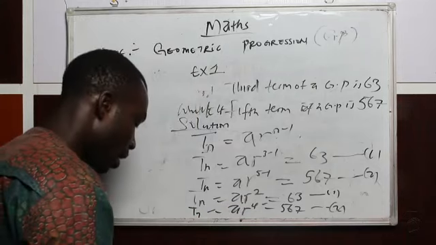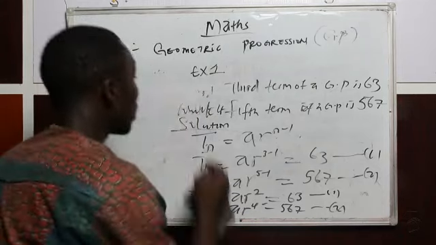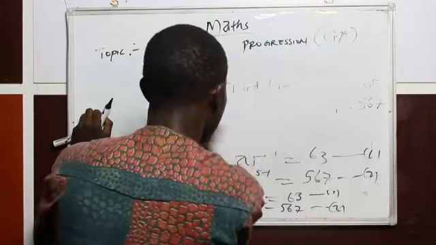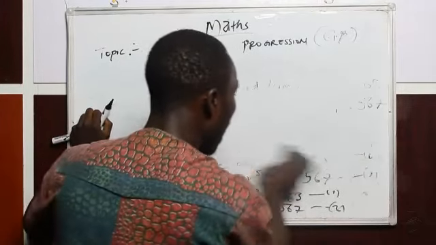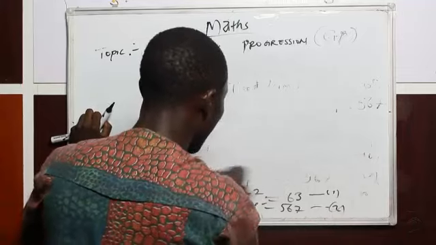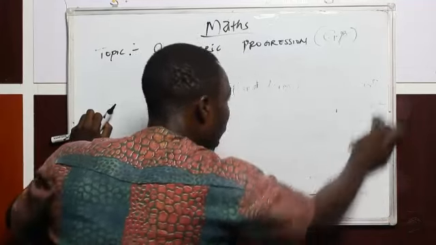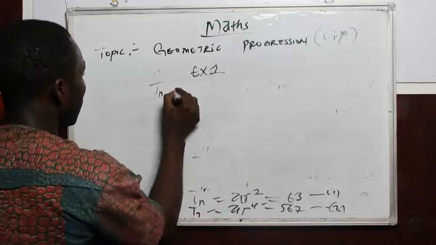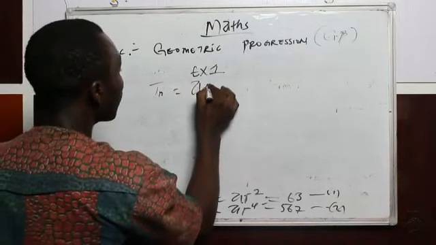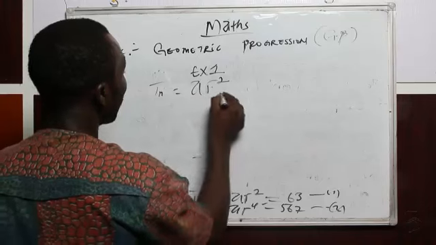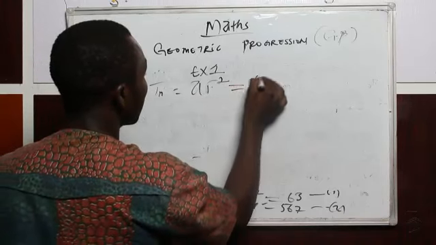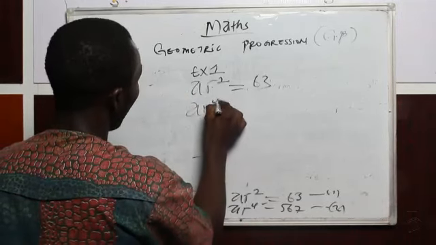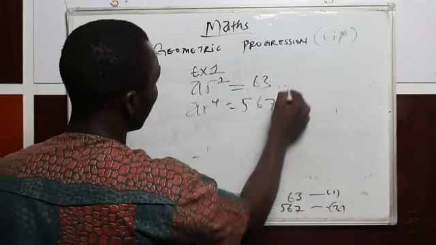Let us proceed by looking at how we can solve it simultaneously by finding the first term and the common ratio. Look at the equation on the board so that we can get it. a r raised to power 2 equal to 63, while a r raised to power 4 equal to 567.